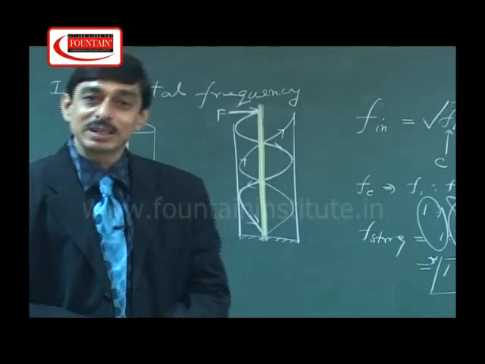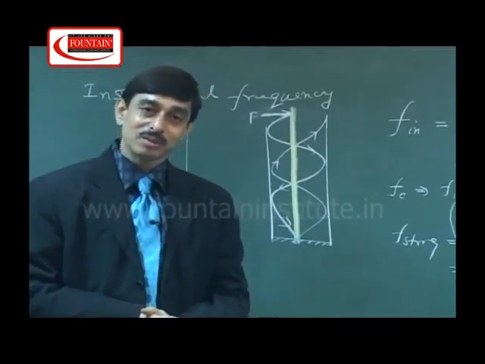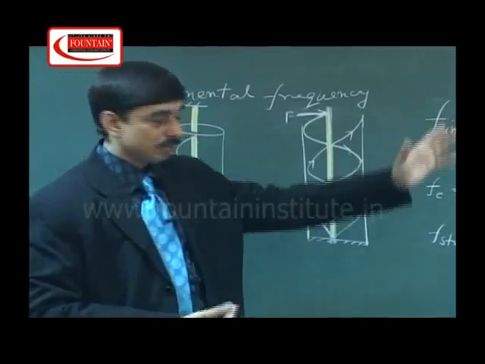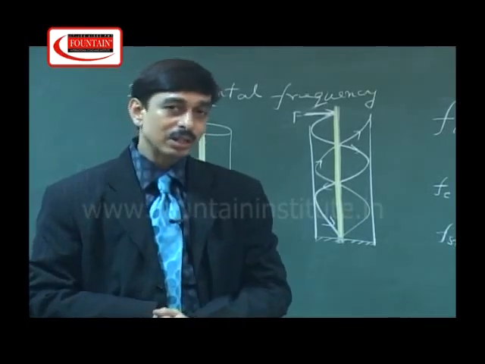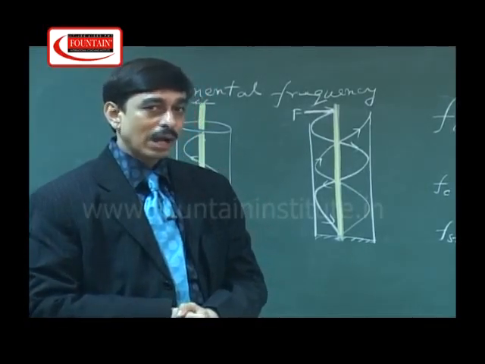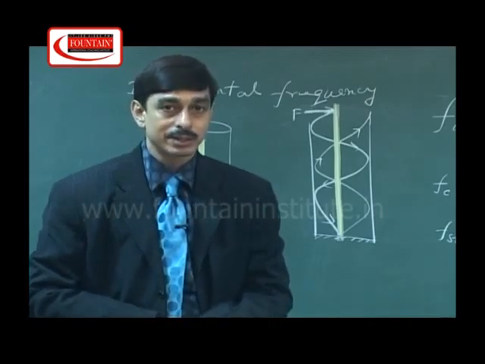So the instrumental frequency question will be based on this particular concept, the geometrical mean. But whenever we put a question in our IIT examination, we try to modify it in different ways.